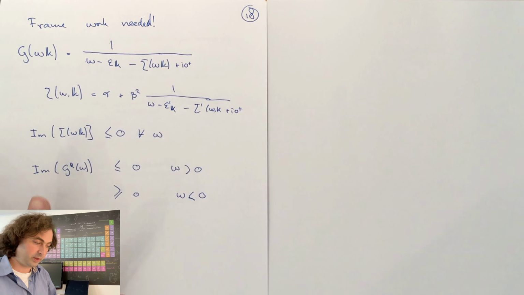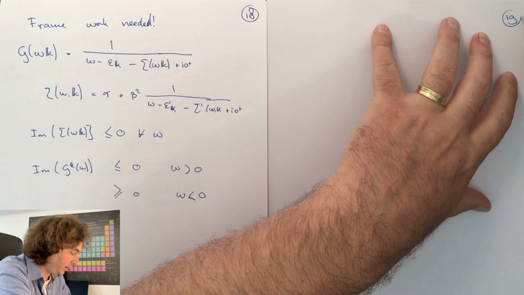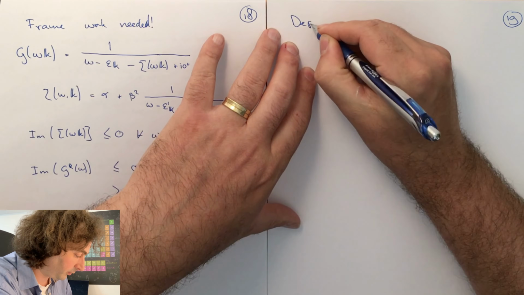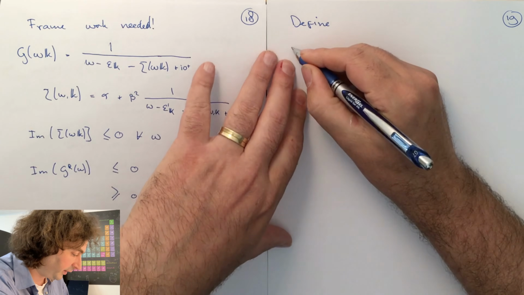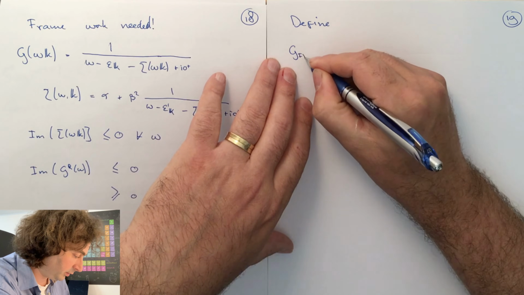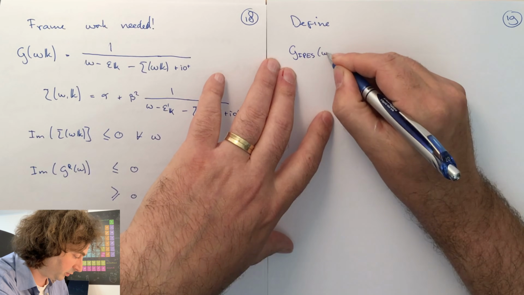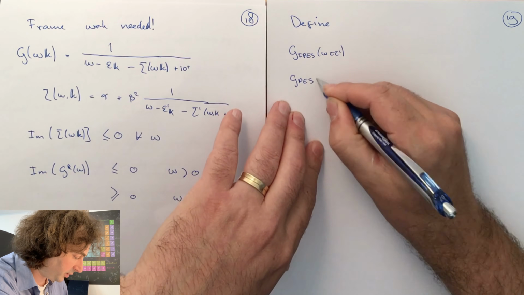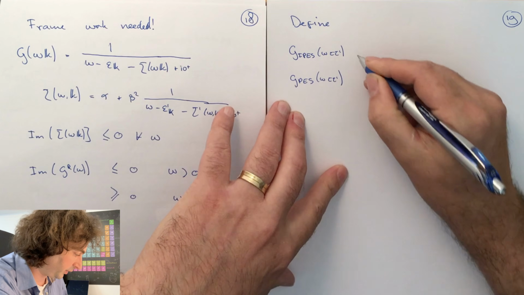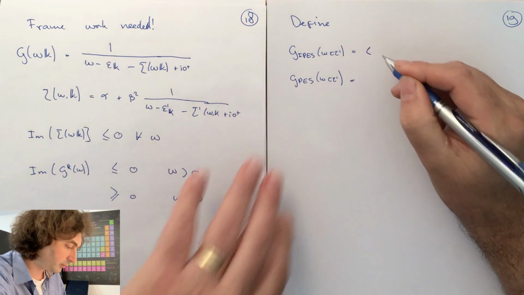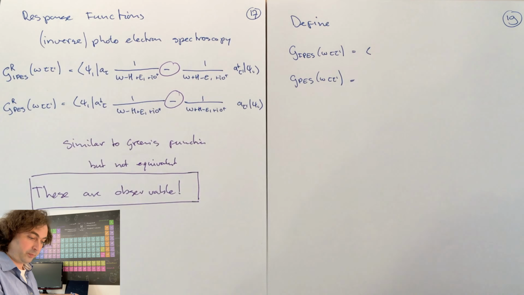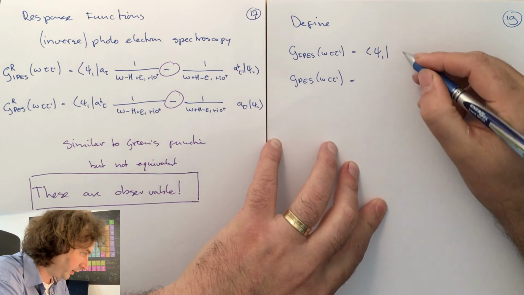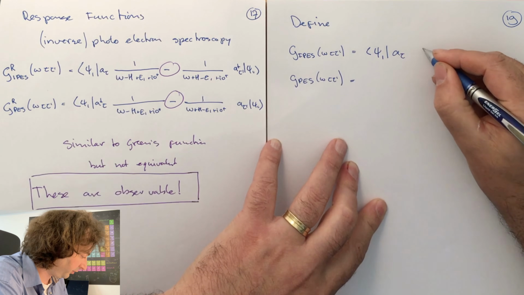Now, we can do this, and the way we can do this is not so difficult. We're going to define G^I-pass(omega, tau, tau prime) and G-pass(omega, tau, tau prime) as just a part of our full response function. And the part that we will take will remind you of the rotating wave approximation.